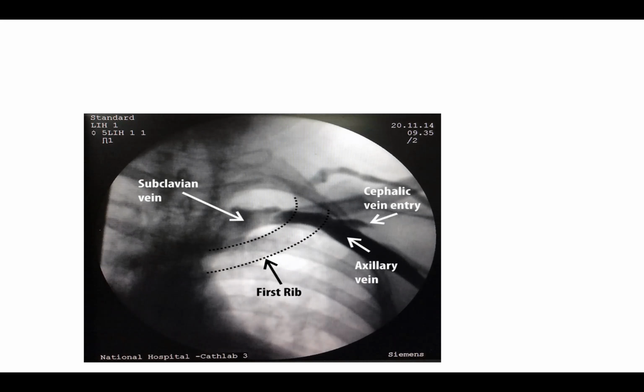But there are some situations where the left subclavian vein is not obliterated, but persisted. And when you take a puncture, you just see that the wire goes straight down and enters into the liver, and it doesn't traverse the normal J curve that we go through from the left to the right.